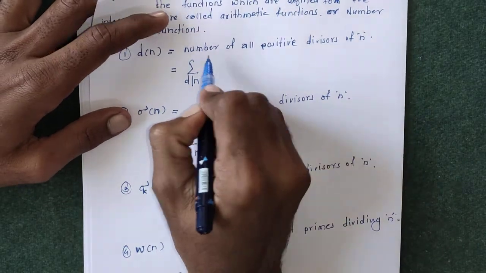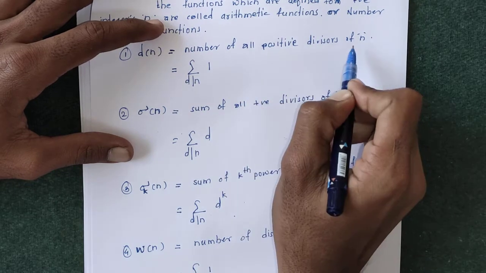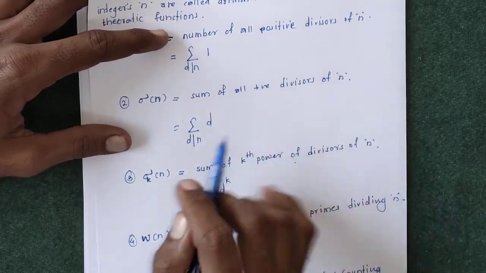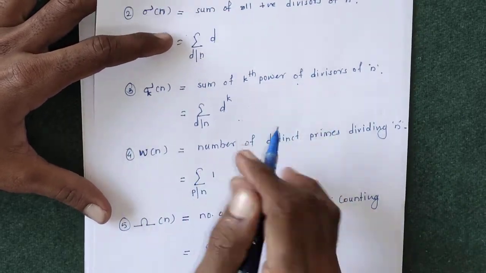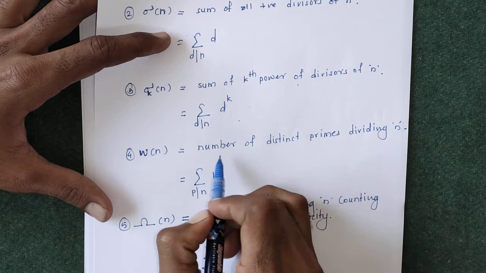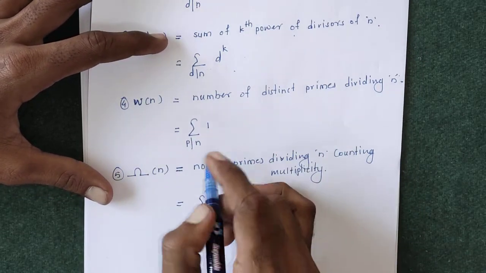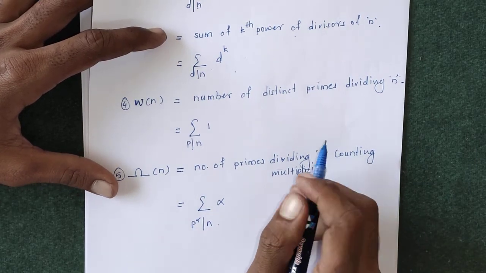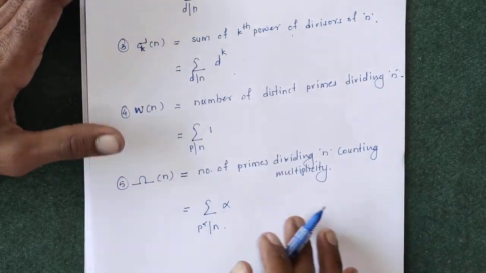You have to keep in mind that d of n stands for the number of all positive divisors, sigma of n stands for the sum of all positive divisors, sigma k of n stands for the sum of kth powers of divisors of n, omega of n stands for the number of distinct primes dividing n, and ohm of n is just the number of primes dividing n counting multiplicity. Now we will see the example which will cover all the definitions.